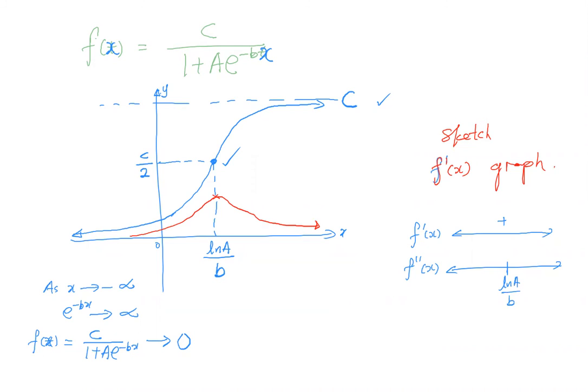This part is concave, this part is convex. So it goes up until you reach the maximum rate, then the rate becomes less and less until it becomes 0.